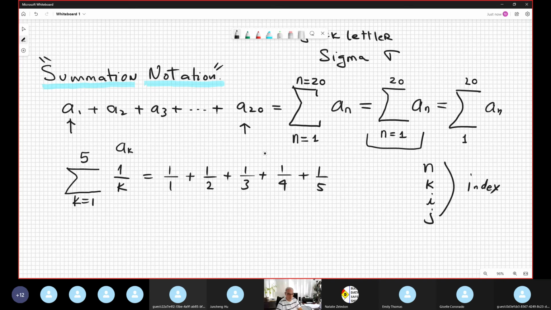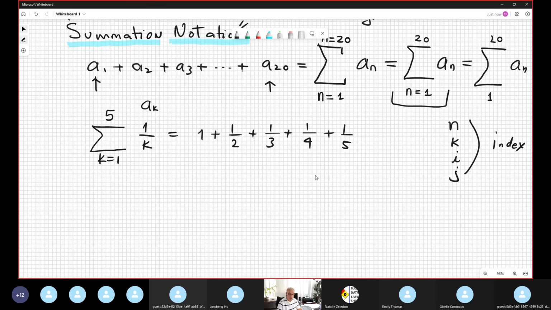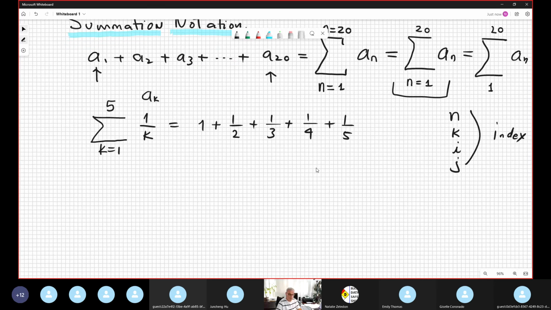Basically we are expanding summation notation. In this case, 1 over 1 is 1, not necessarily a fraction.